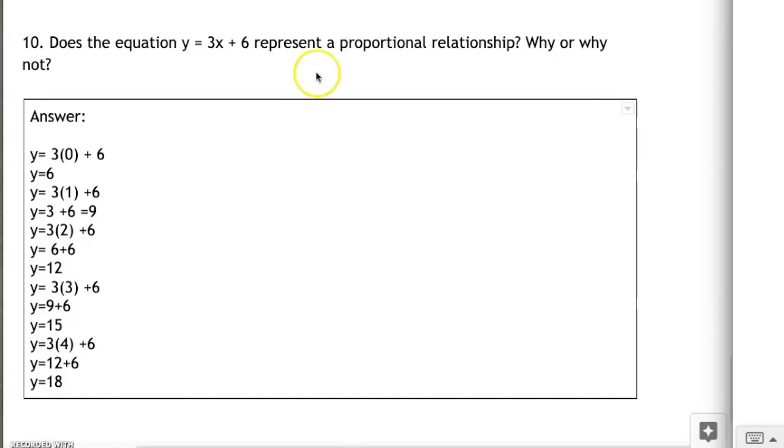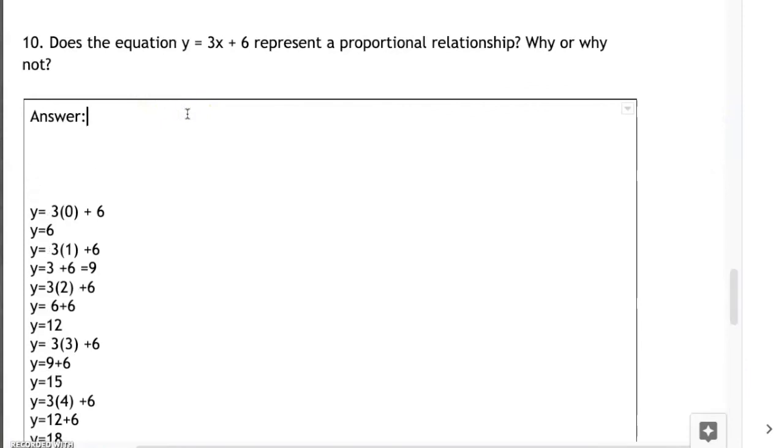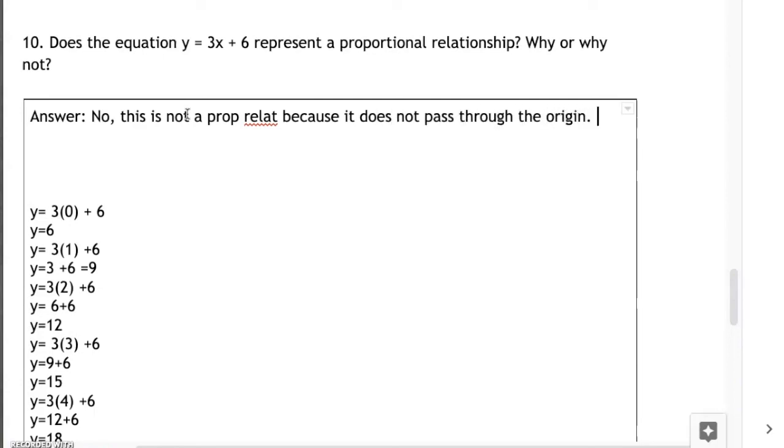So it does not go through 0, 0. That's the main thing. So I'm just going to leave my work down there, and I'll just say, no, this is not a proportional relationship because it does not pass through the origin, otherwise known as 0, 0 down here.